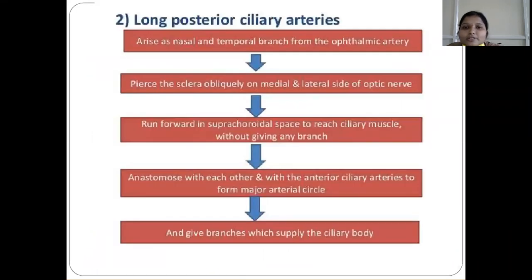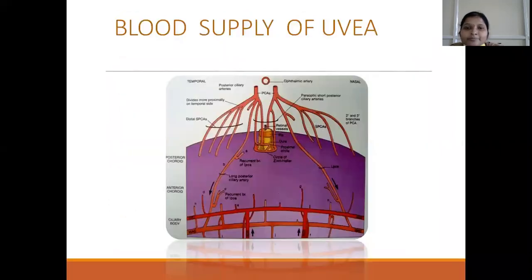So here you can see the long posterior ciliary artery, they pierce the sclera, run forward in the suprachoroidal space, anastomose with each other and also with the anterior ciliary arteries to form the major arterial circle, and then they give multiple branches to supply the ciliary body. So here you can see this is ophthalmic artery. So you can see two posterior ciliary artery, long posterior ciliary artery. This is nasal and this is temporal.